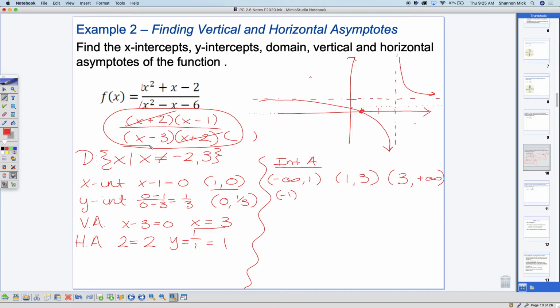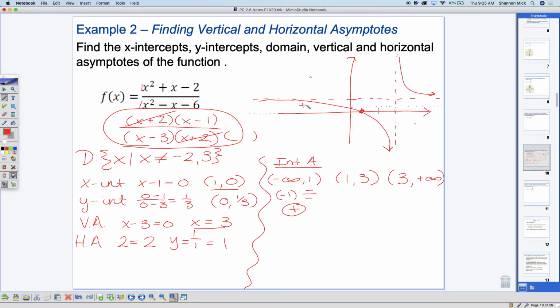If I plug negative 1 into the numerator, do I get a negative or a positive? Negative. If I plug it into the denominator, do I get a negative or a positive? Negative. So a negative divided by a negative is a what? Positive. So between negative infinity and 1, the graph is going to be above the x-axis.